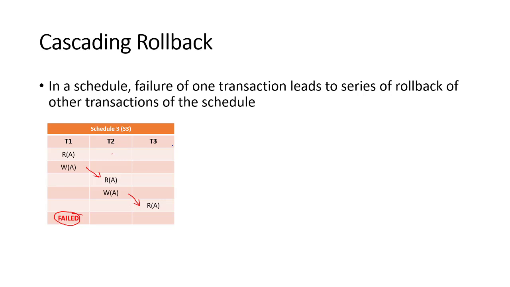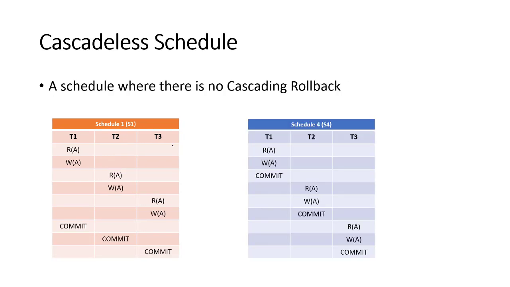Now the next, better kind of schedule is a cascadeless schedule. What is a cascadeless schedule? When there is no cascading rollback, we say that the schedule is a cascadeless schedule. We can ensure a cascadeless schedule by not performing any dirty read.